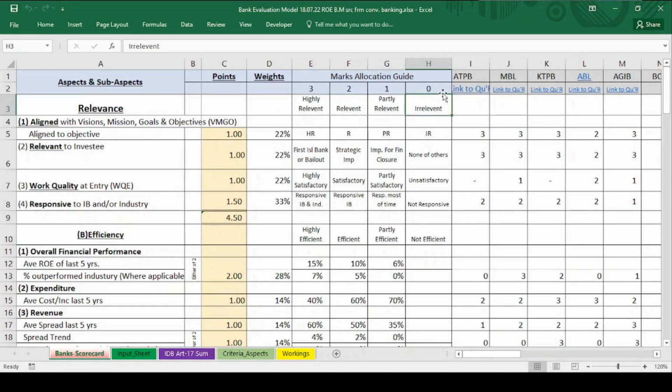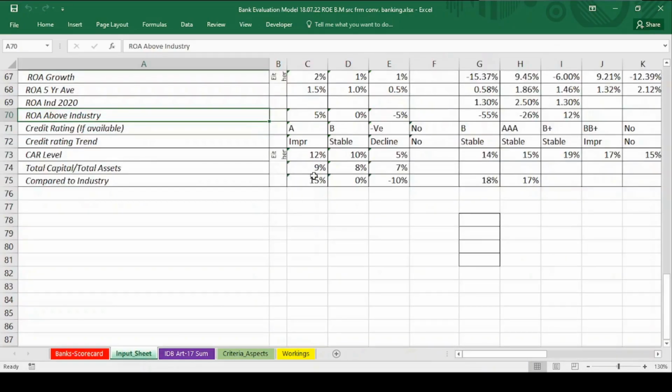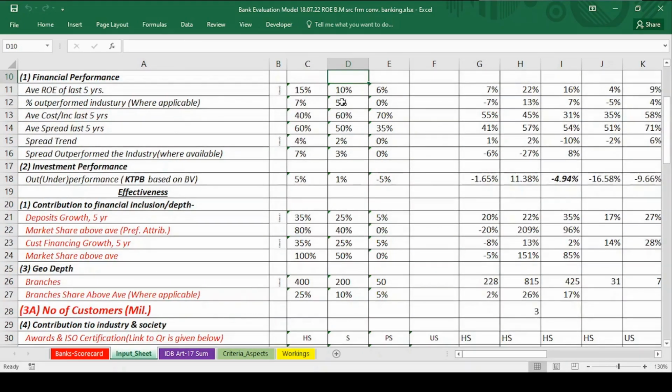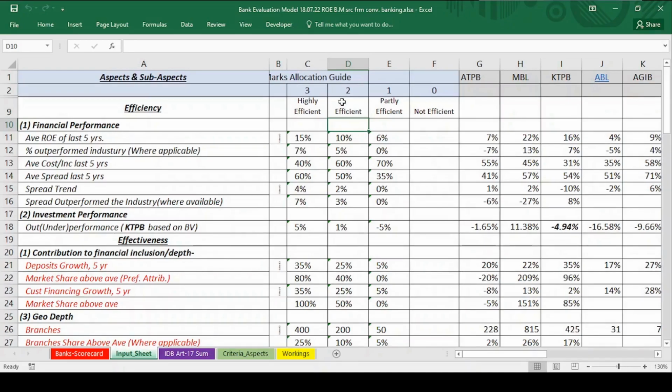So these four levels have been associated with the scores, and that score is taken according to the values in this input sheet of each bank. It depends on these values and these ranges of the relevant ratios.